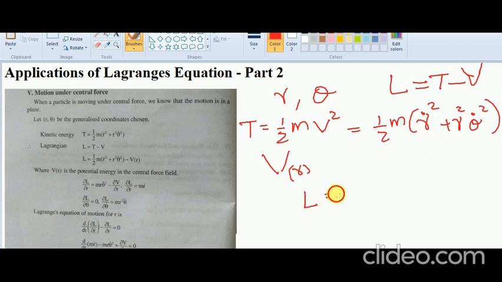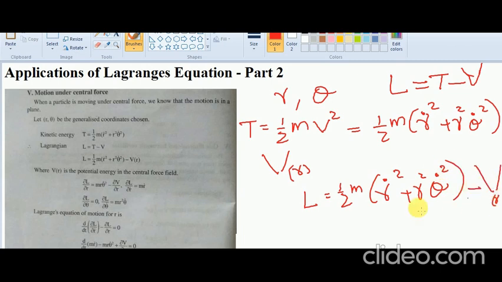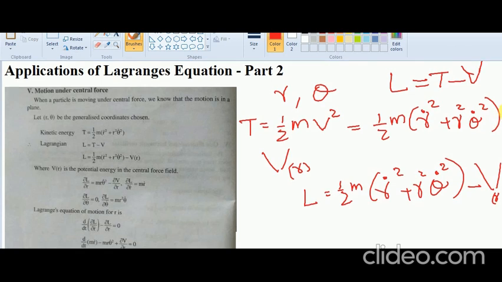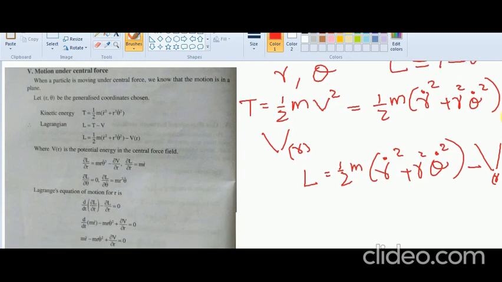L equals half m times (r dot squared plus r squared theta dot squared) minus V of r. The derivation of potential energy is the same as in the case we detailed earlier for the bead on a string. The same you can apply here also.